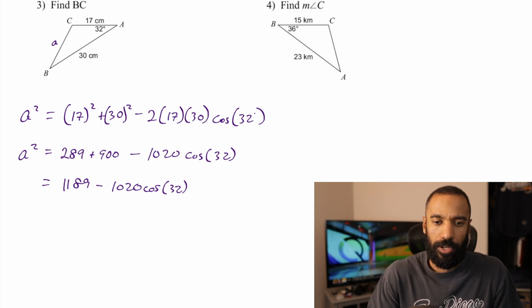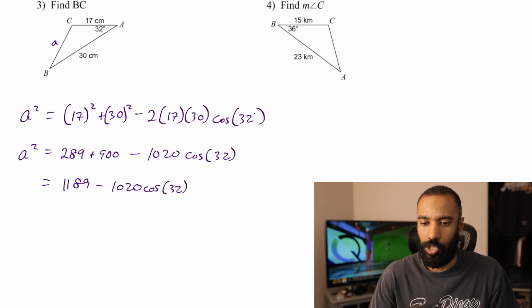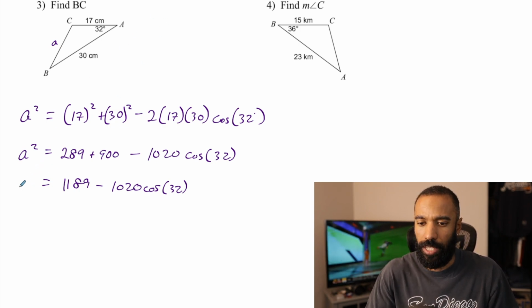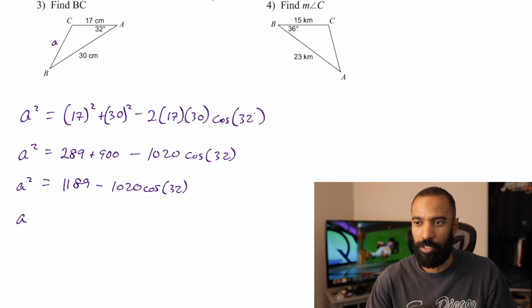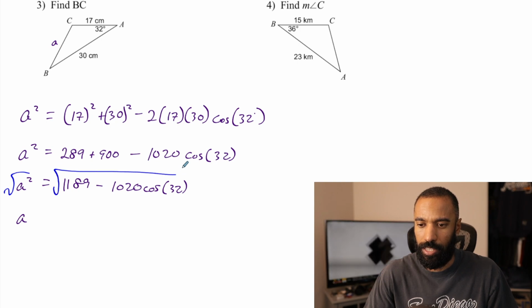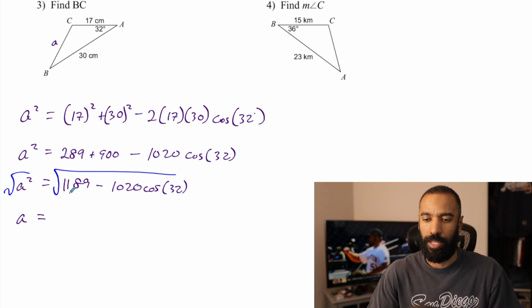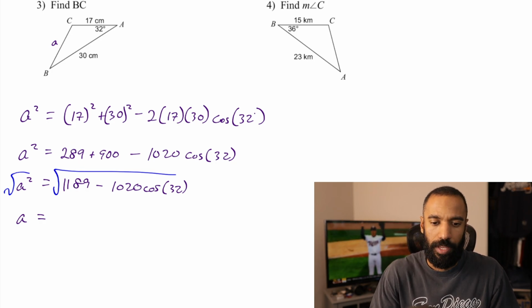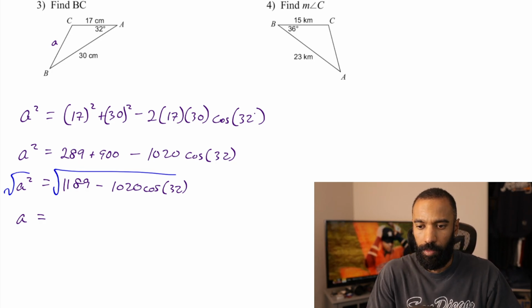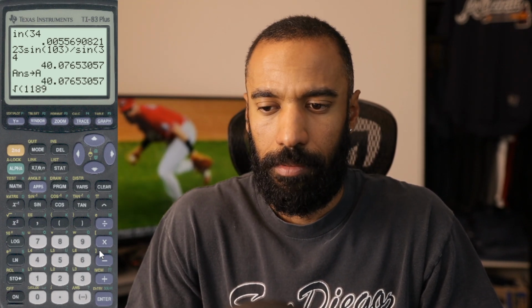Okay, so we're going to go to the calculator here for A squared. You have to remember this is only A squared. In order to find A, we're going to have to take the square root of both sides after, right? Take the square root here, take the square root there. And don't round early. I'm not going to do that. I'm going to do the square root of this whole thing. So let's check it out. Square root of 1189 minus 1020 times the cosine of 32.